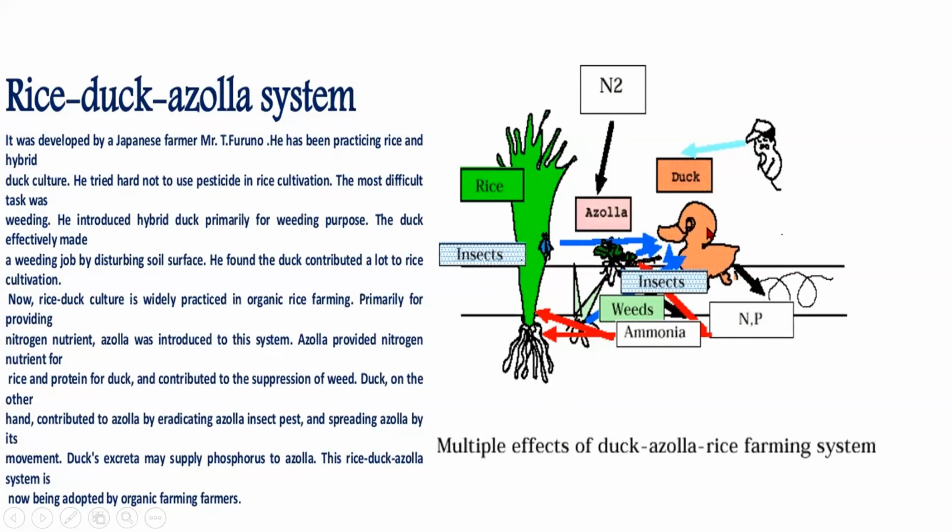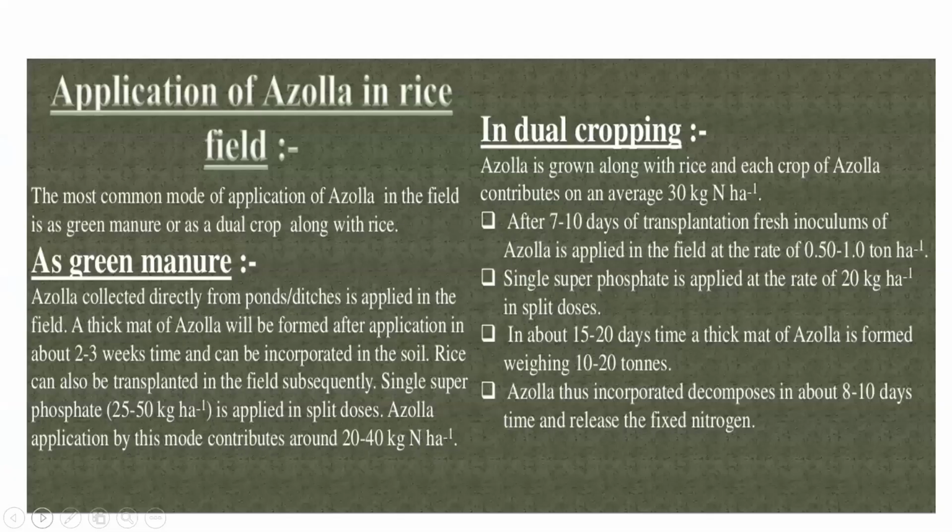Insects are eaten by the ducks, weeds are suppressed by azolla, and ammonia is provided to the rice. The duck's excreta provides nitrogen and phosphorus to the growing azolla. So this is the multiple effect of the duck azolla rice farming system.